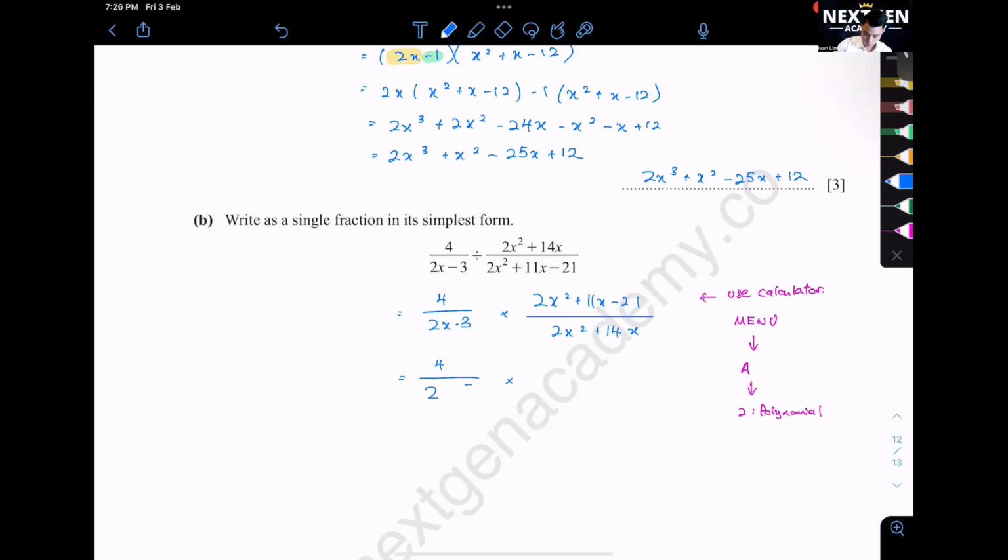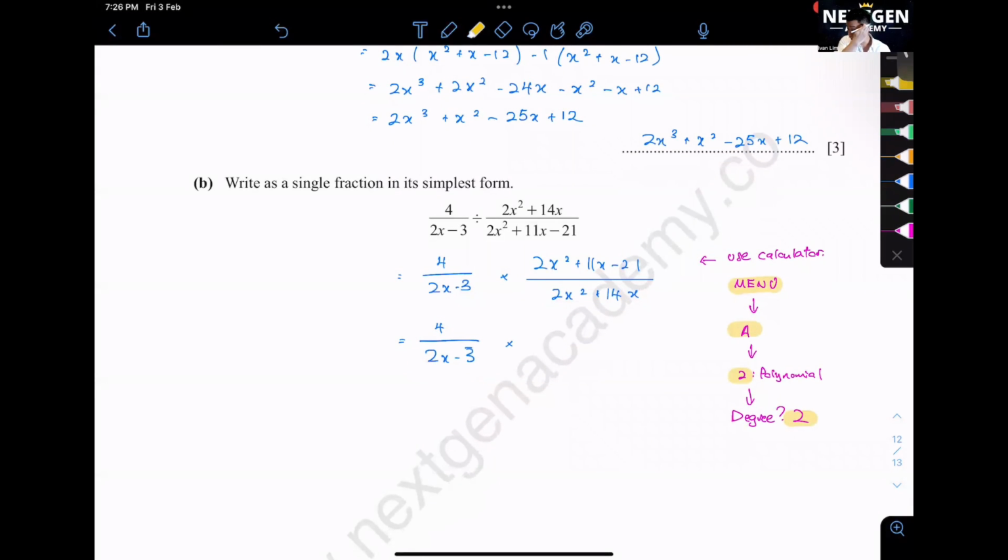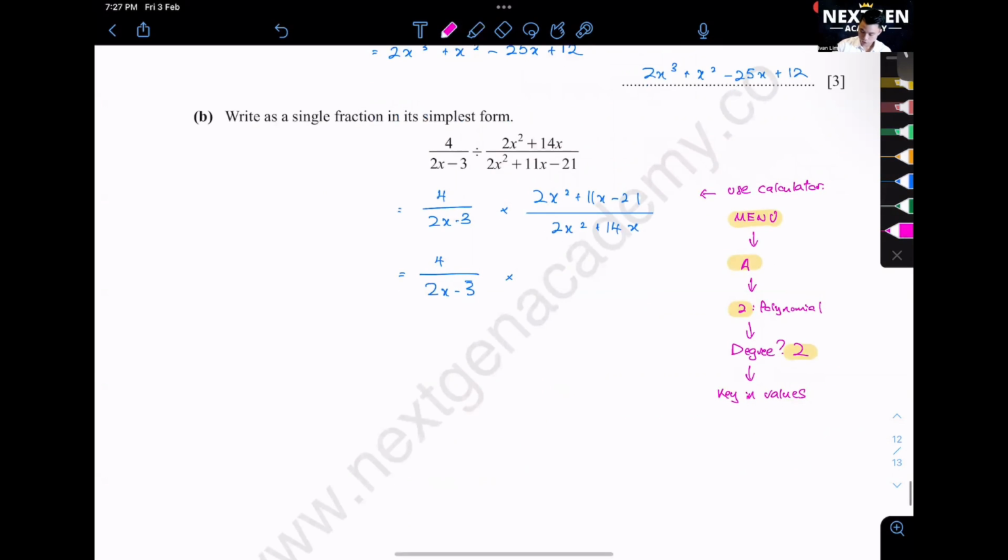Select degree 2, so you press 2. Follow these steps. Then key in the ABC values: 2, 11, minus 21. What does it give you? The answer gives you x equals 3 over 2 and x equals -7.